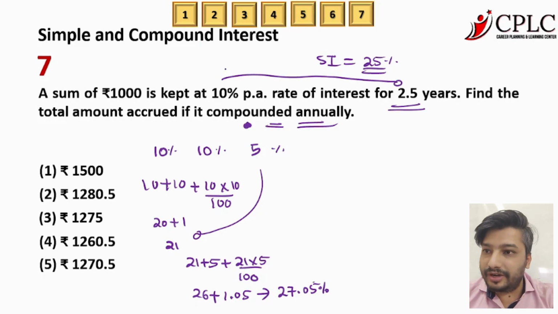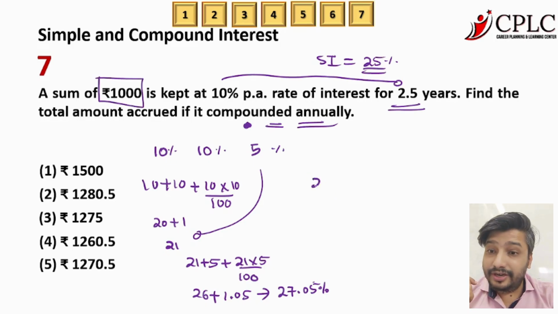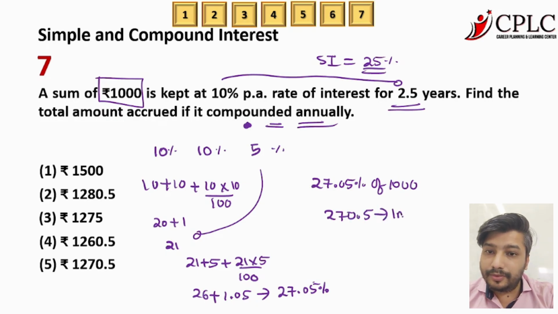And this is what you can straight away calculate for 1000. So the interest is going to be 27.05% of 1000 simply, and that gives me the answer, I think, as 270.5, which is your interest component.